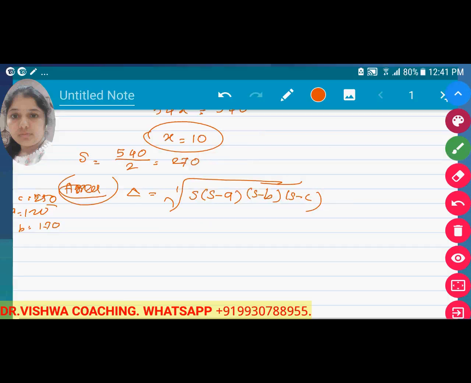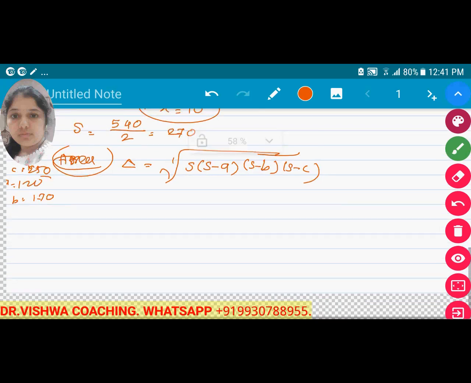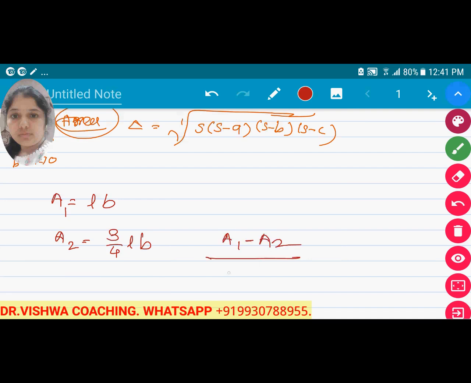See, we got the original area A1 as LB and the new area as 3 by 4 LB. Now difference in the area is equal to A1 minus A2 upon A1, and we have to find the percentage change, so we have to multiply it with 100. So this gives us the percentage change in the area.